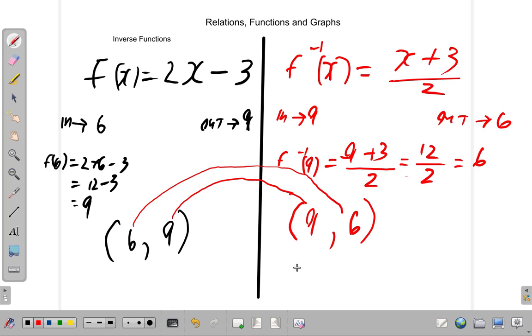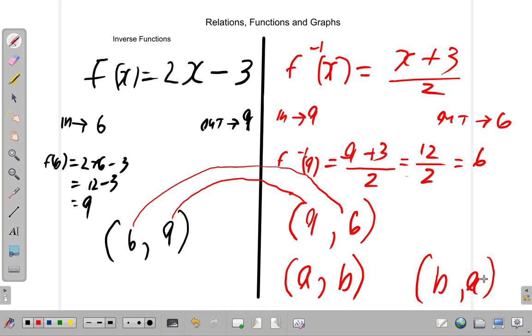So basically, if you have two numbers, A and B, the function works on A and gets out B. The inverse of the function will work on B and get out A. So you're switching around these numbers.